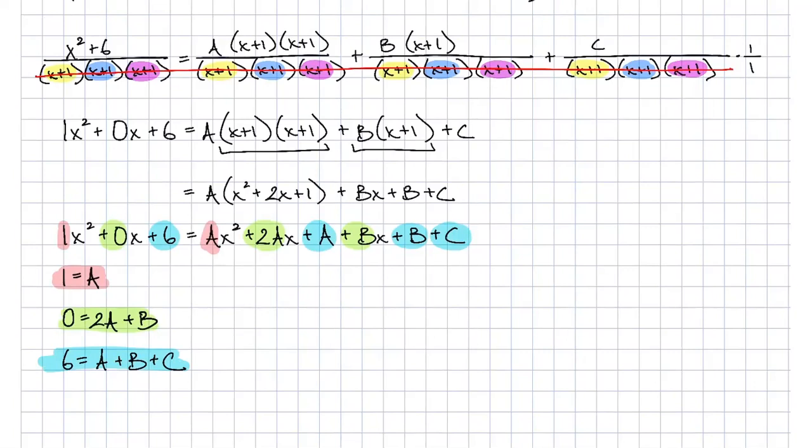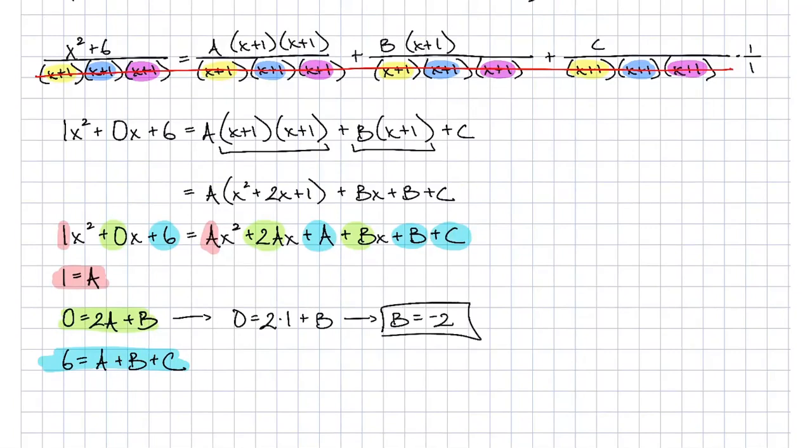Now this one actually sets it up fairly nicely for us because we can see from here that a equals 1, which means 0 is 2 times 1 plus b, or b equals negative 2.